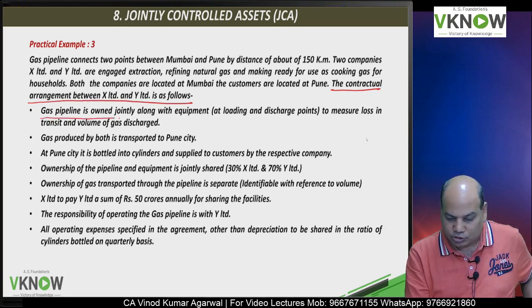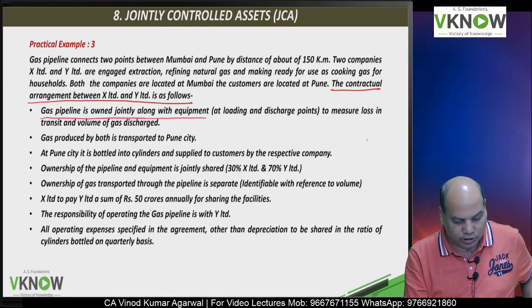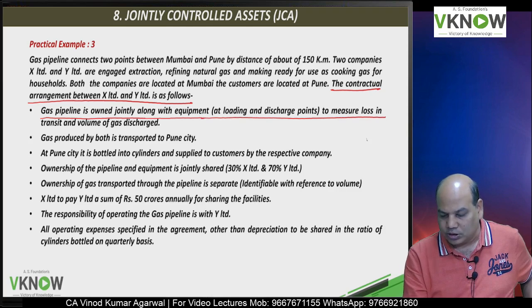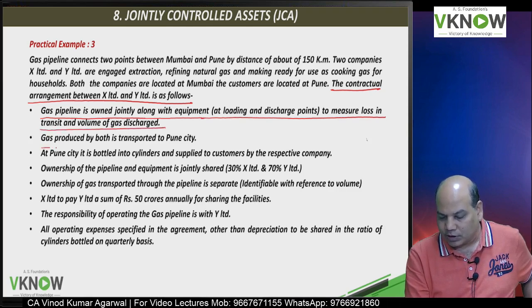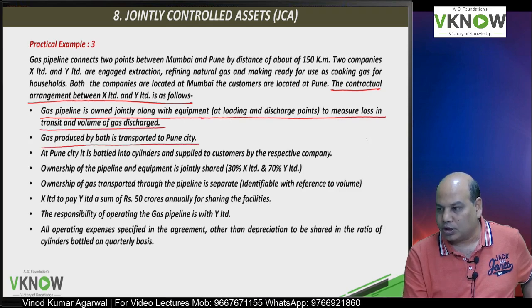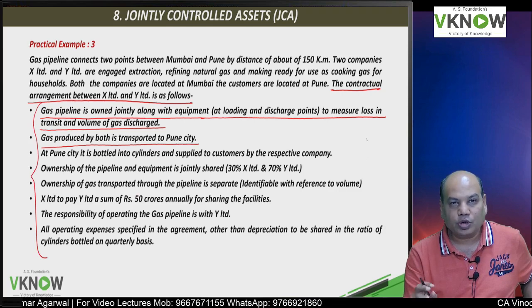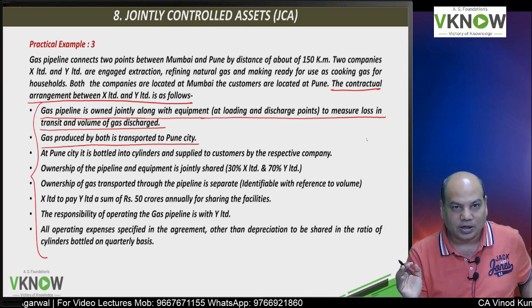The gas pipeline is owned jointly along with equipment at the loading and discharge points to measure loss in transit and volume of gas discharged. Gas produced by both is transported to Pune city. These are the terms and conditions, just for conceptual understanding and practical learning.